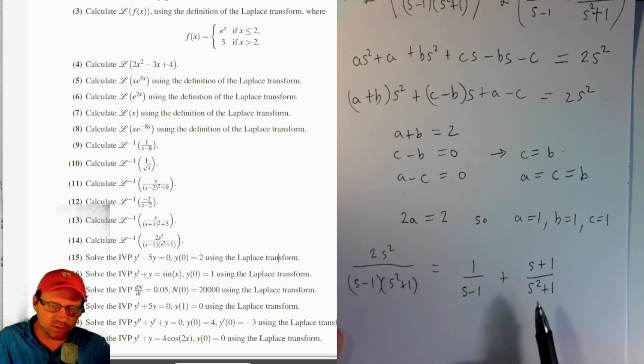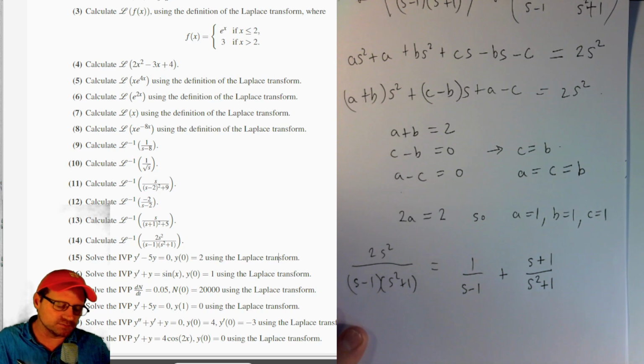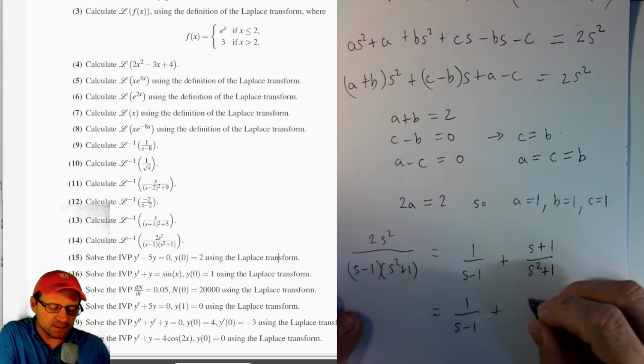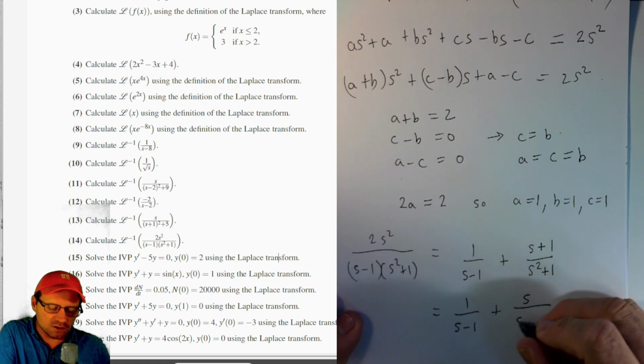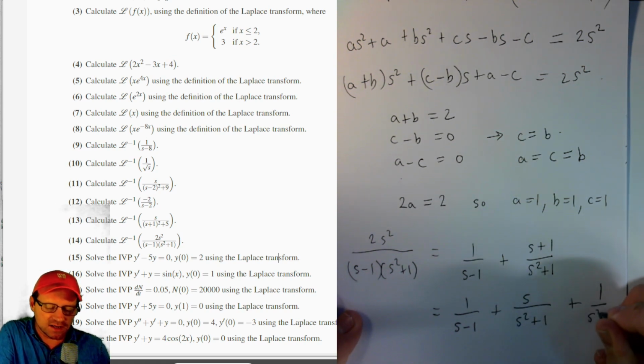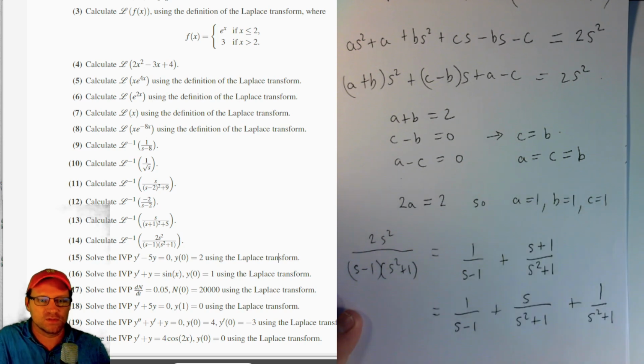Now for this one, we want to break this one up further: s over (s² + 1), and then plus 1 over (s² + 1).